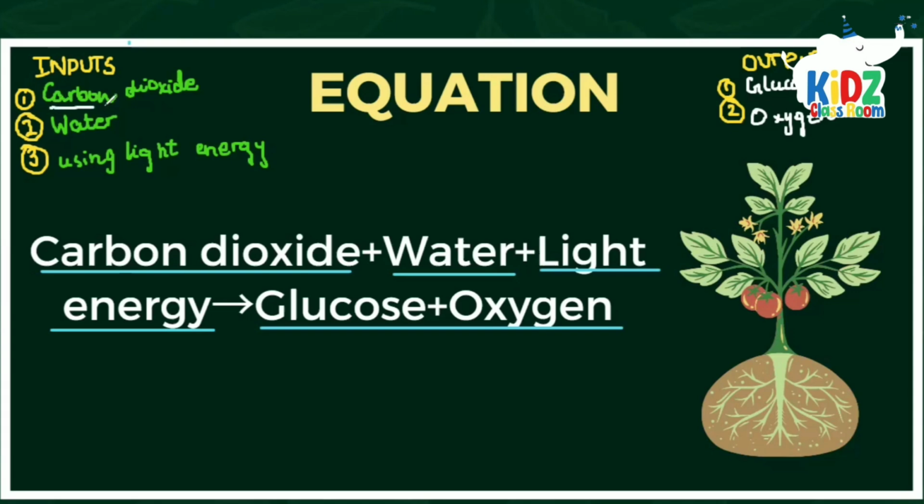Inputs are carbon dioxide, water, using light energy, and the outputs are glucose and oxygen. So this is the simplest way to remember the process. Carbon dioxide and water with the help of light energy become glucose and oxygen.